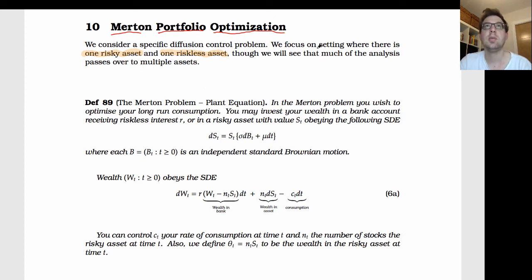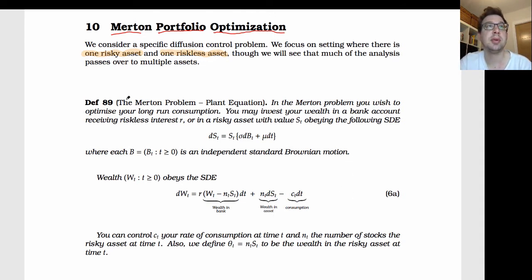As I say, what we do here will actually pass over to the case where there are multiple assets to invest in. But for now we're going to focus on one risky and one riskless asset because it's easier to do the theory there, or at least we've not got so many vectors and matrices to worry about.